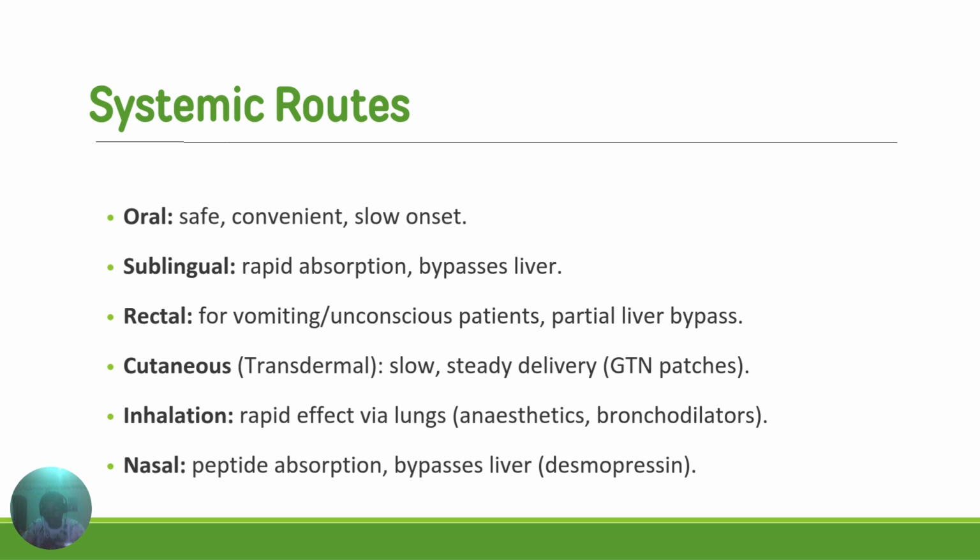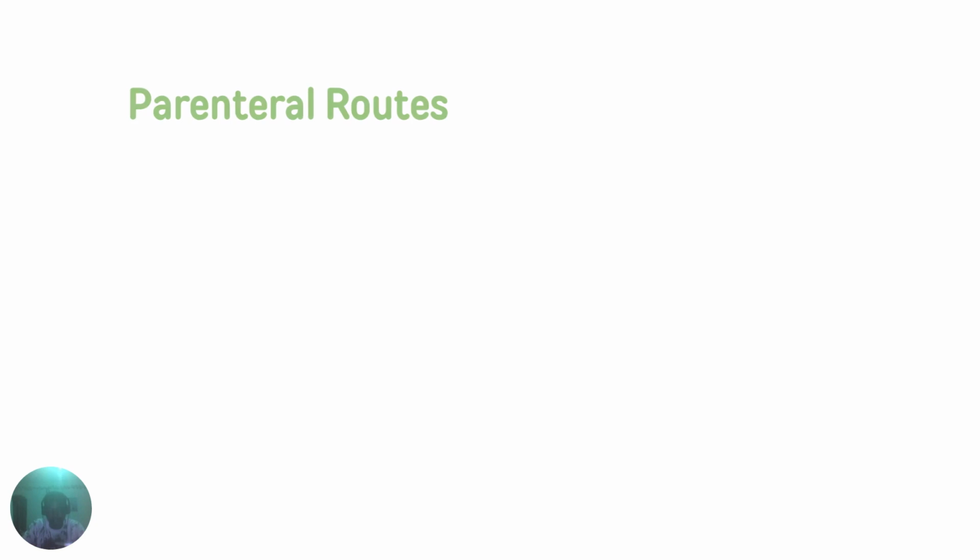A common application is in anesthetics and also bronchodilators. Then you have nasal. In nasal, there's peptide absorption. A typical drug is desmopressin, and this route also results in bypass of the liver, which means the drug is not metabolized inside the liver.